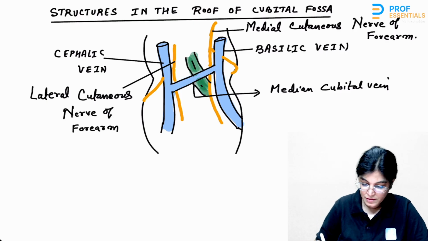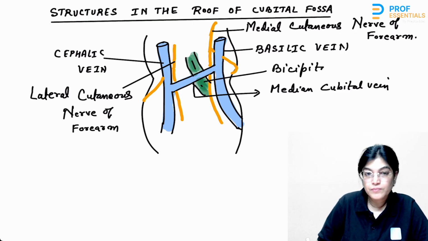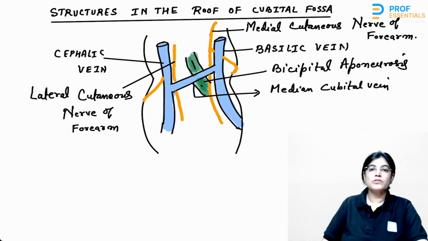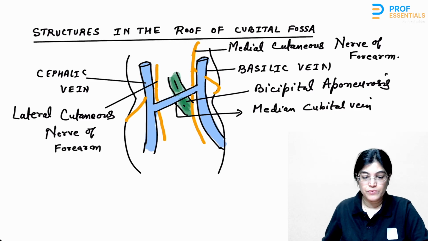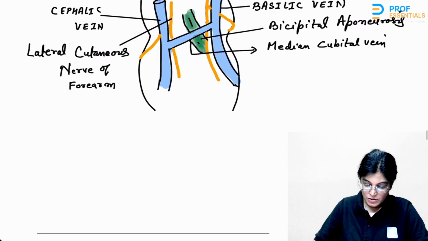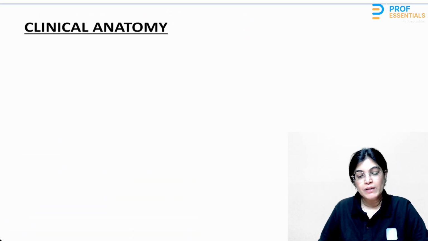This is the bicipital aponeurosis. So all these structures are present in the roof of the cubital fossa, which I have drawn. So done with this. Now, I would like to tell about the clinical anatomy related to this.